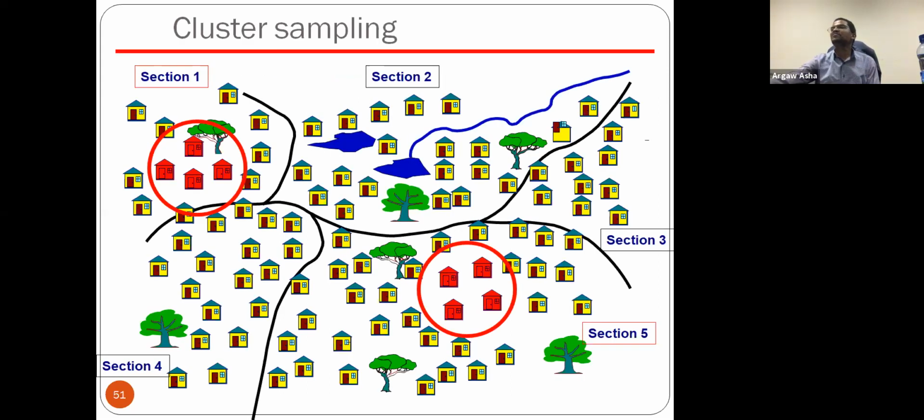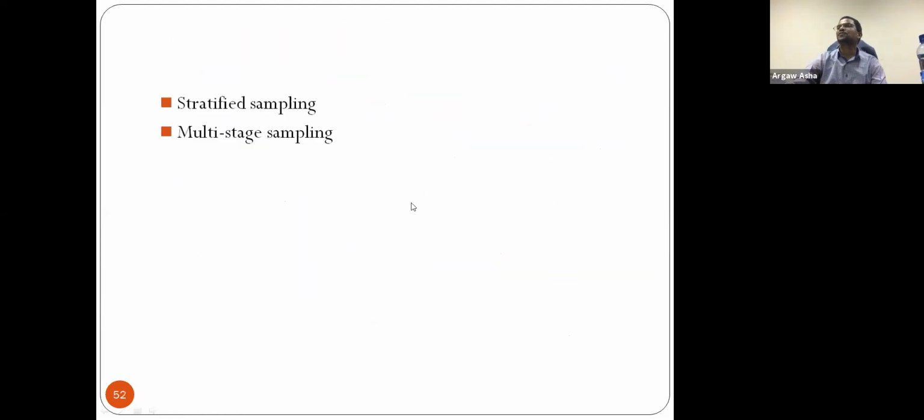If you see some of the villages here, you may have section 1, section 2, section 3, and so on. You can choose based on their clustering approach. Then stratified sampling and multi-stage sampling are also similar.